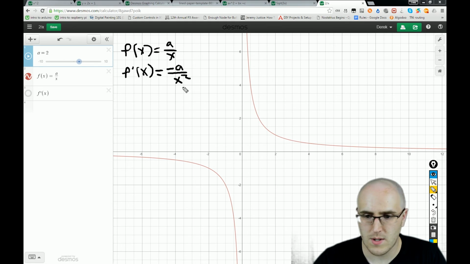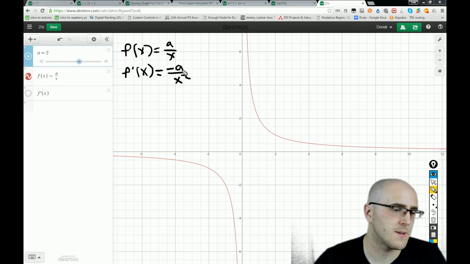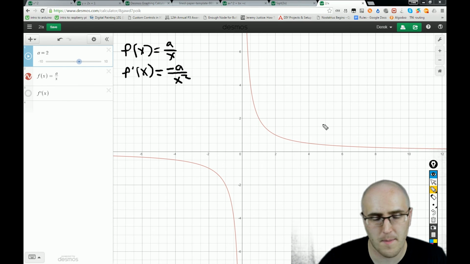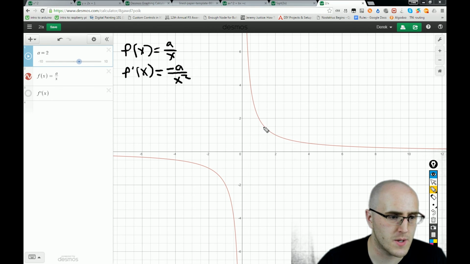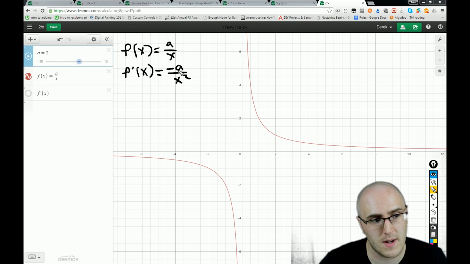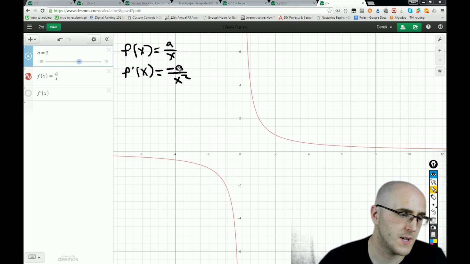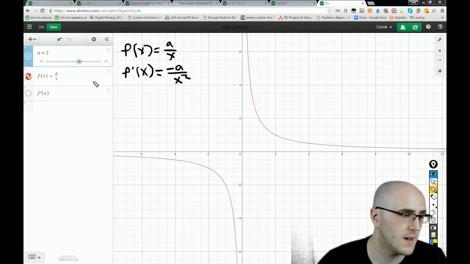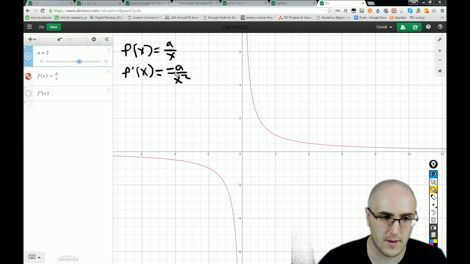As x is equal to, say, 100, we get a value that's very small: negative a over 100 squared, which is a very slightly negative slope. And as x approaches 0, our slope is the most negative, which, as you can see, goes to negative infinity, because as x approaches 0, we get negative a over an extremely small value, which is negative infinity.